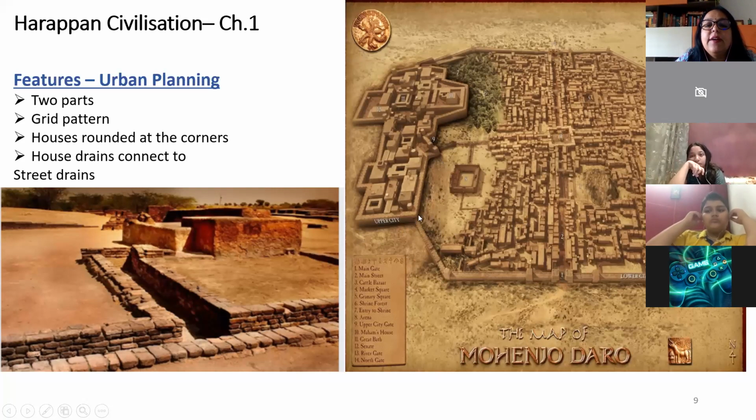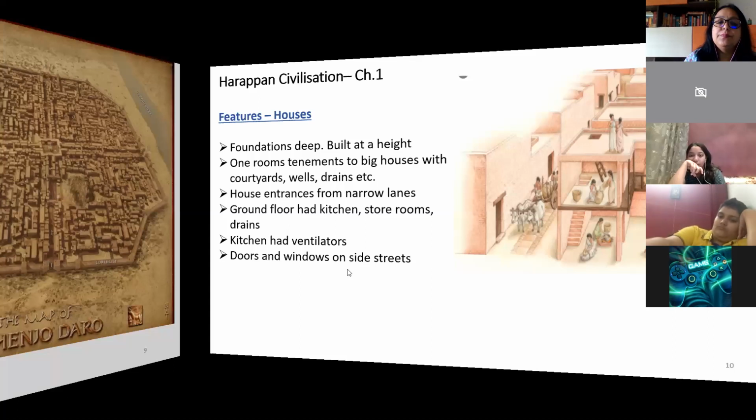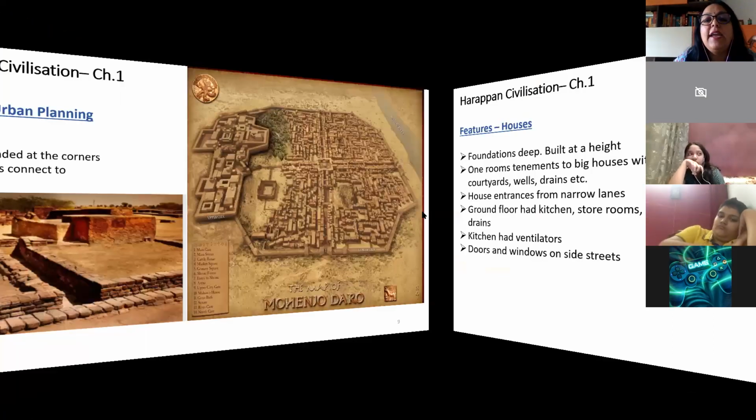That is why this edge of the house or the wall was rounded. It was made round. Did you understand? So instead of having a sharp corner, it was in a semicircular shape like this. Clear?